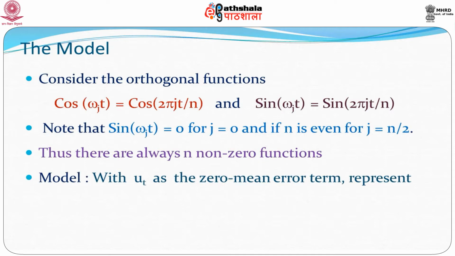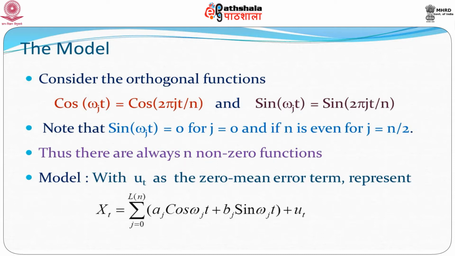So, let us model with u t as the zero mean error term, and in that case we will express x t as the sum over j equal to 0 to L n of a j cos omega j t plus b j sin omega j t, plus u t.